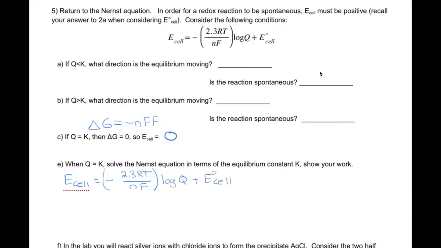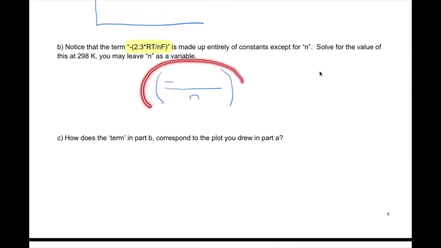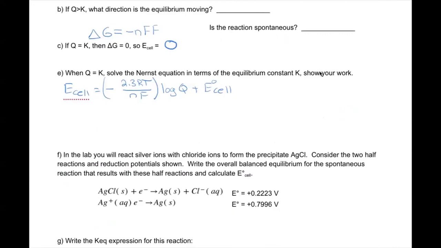Instead of writing all of that out, you can go to your answer to B and put that answer in instead. But coming back, what do we know? Again, when Q is equal to K, E cell equals 0. So I'm going to substitute in 0 for E cell. Again, this is your answer from above, but I'll just put the constants in for now.